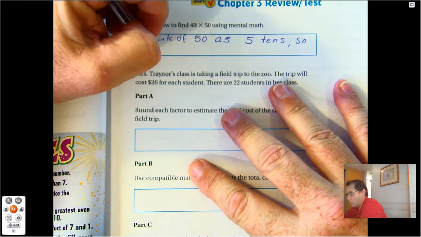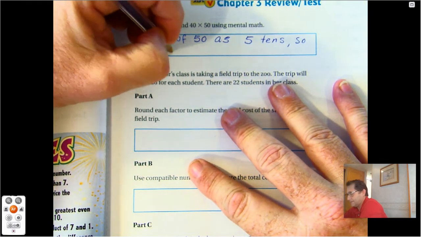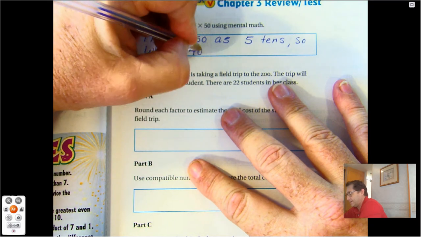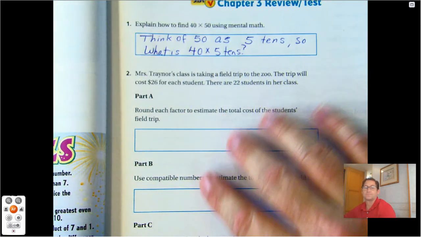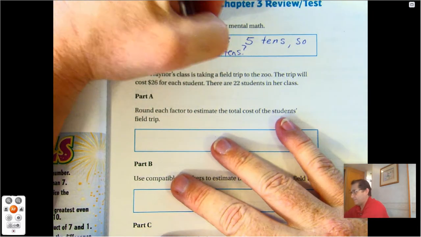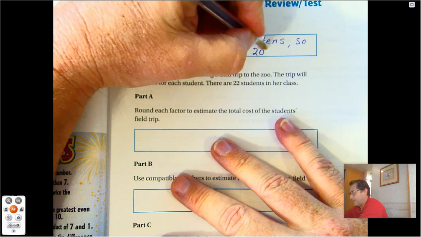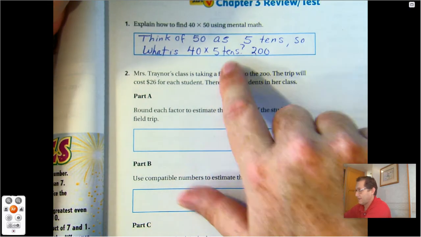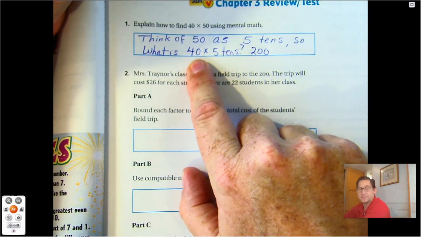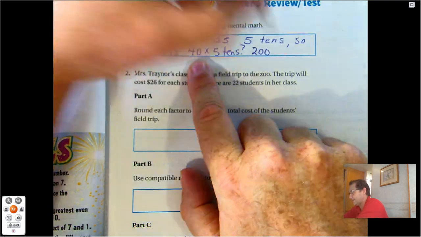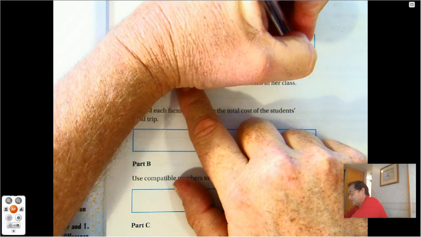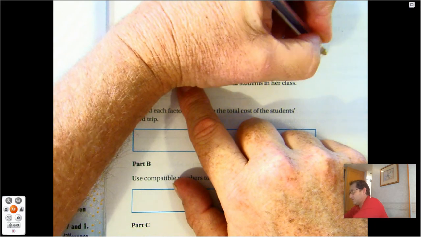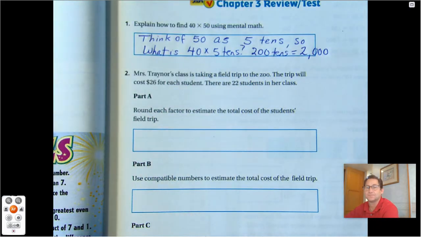So what is 40 times 5 tens? 5 times 4 is 20, so we'd have 200. 5 times 4 is 20, but there's a 0 in 40, so 200 tens, which equals 2,000. Okay.